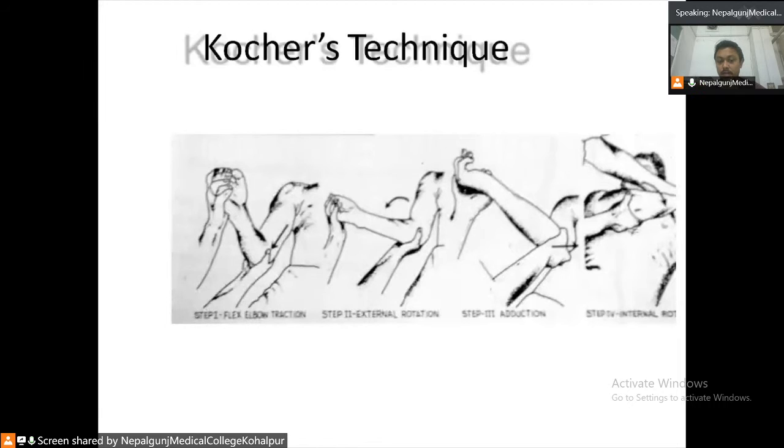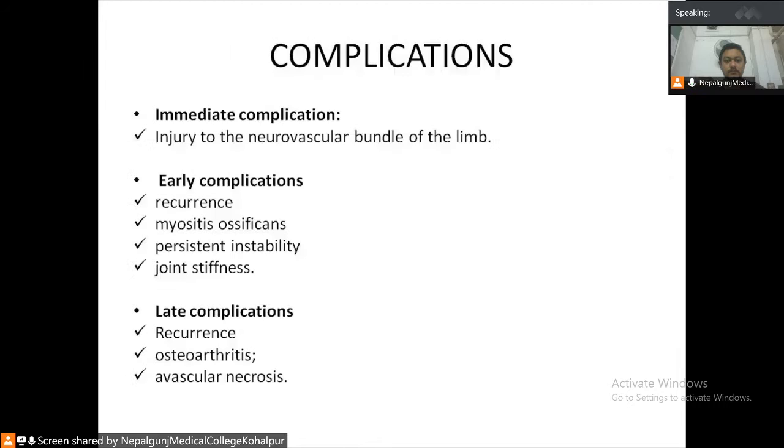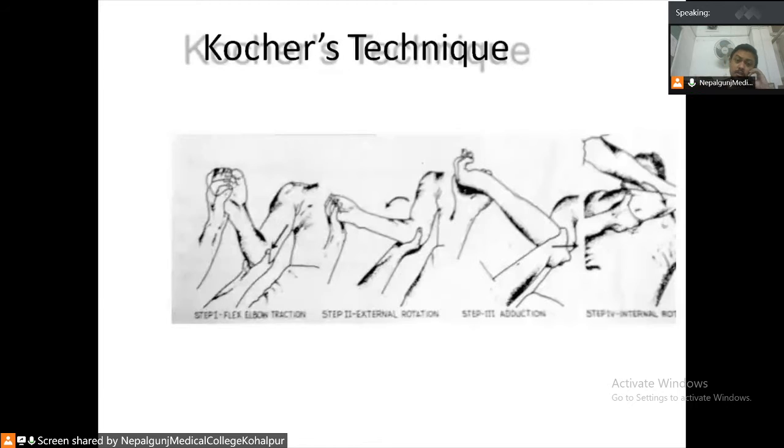T stands for traction. E stands for external rotation: you gradually externally rotate the limb. After you do the external rotation and traction, the head gets relocated. Then you gradually adduct the limb, and finally you internally rotate the limb. So this is the formula.